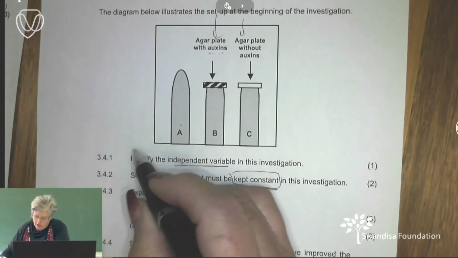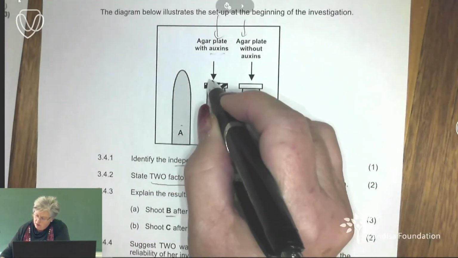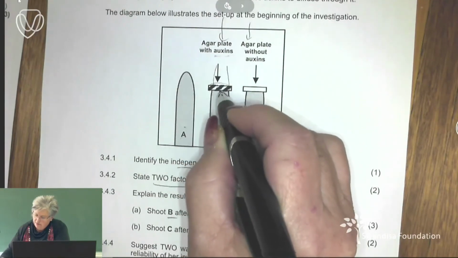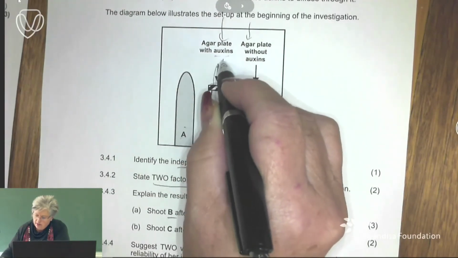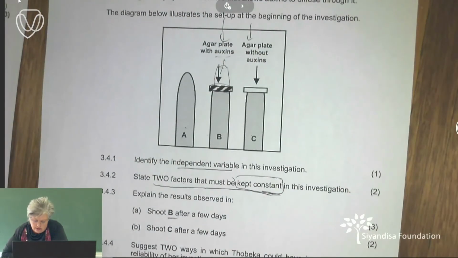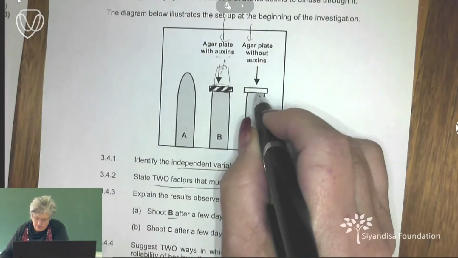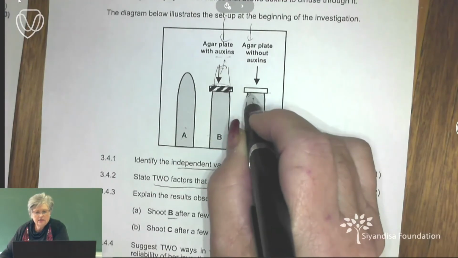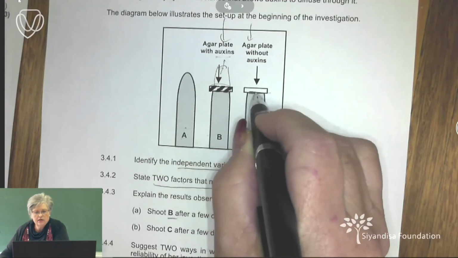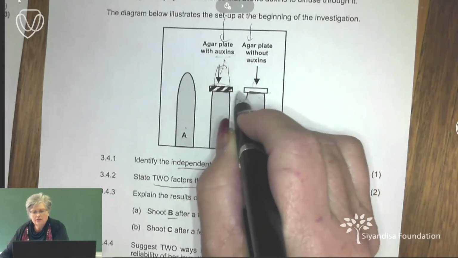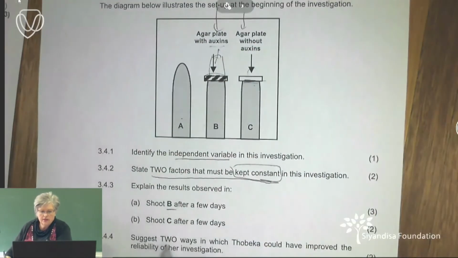Shoot B should still start growing up because it still has auxins in the growing point that will take it towards the light. But in C, what will happen? The tip will not grow anymore because there's no hormone stimulating it to grow, so growth will stop.